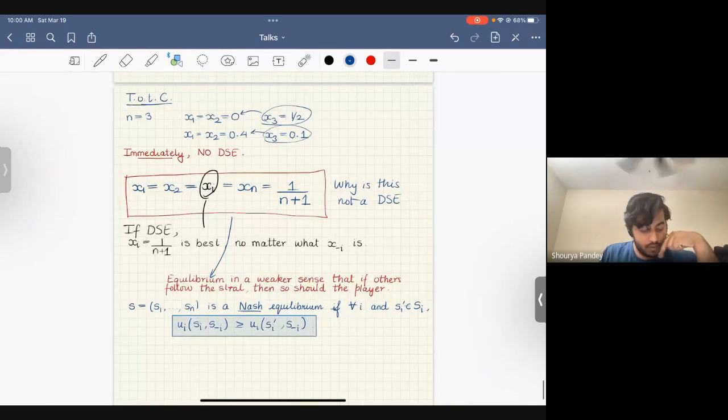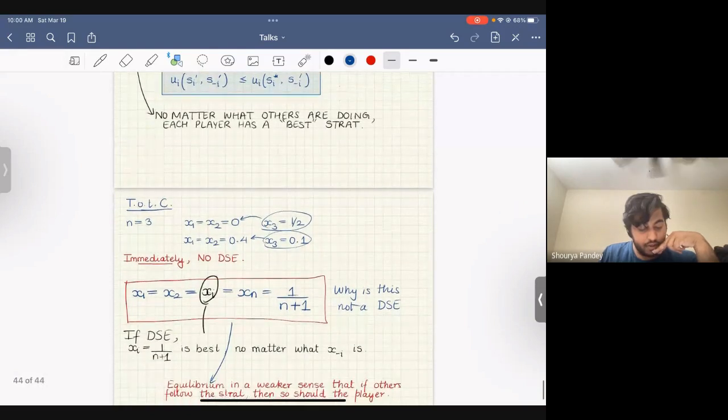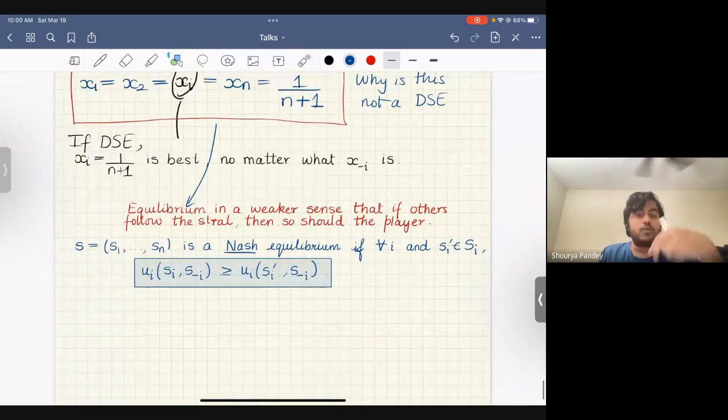So I hope it's clear what the difference between the two is. Let me know if it's not clear.